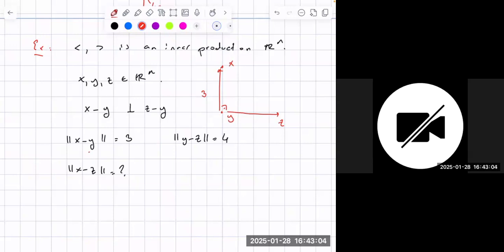Again, the norm I'm talking about is given by whatever inner product I was using. As soon as you have the inner product, you have a norm, you have angles, everything is set up for you, okay? For us, dot product is the Euclidean norm, for example, okay? This happens to be 3, this happens to be 4, and the question is, what is the length of this guy? z minus x, or x minus z.